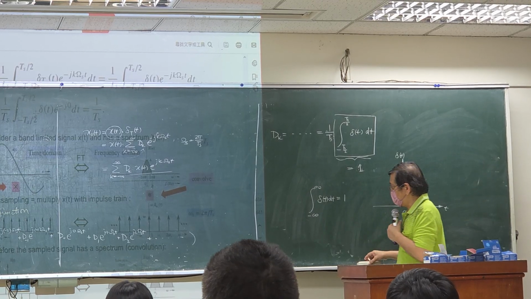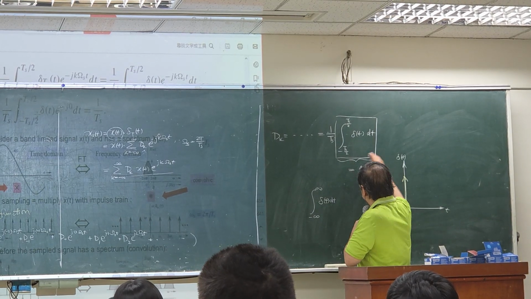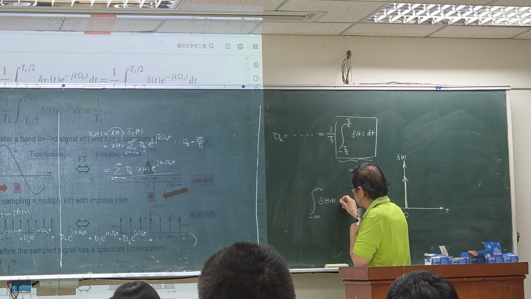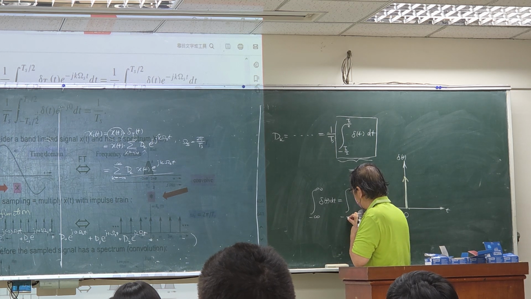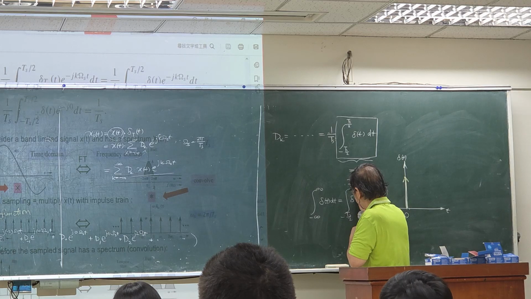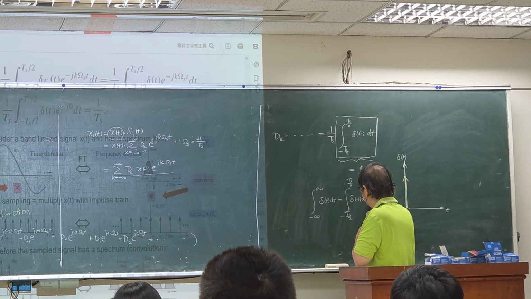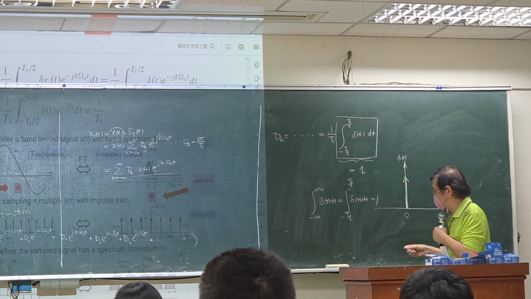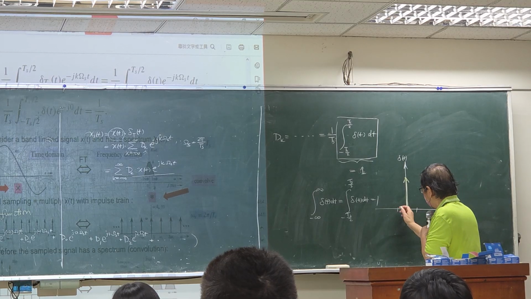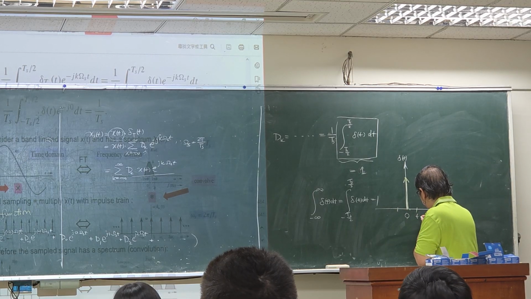So for this case, the integral from negative 1/2 Ts to positive 1/2 Ts is also equal to 1.